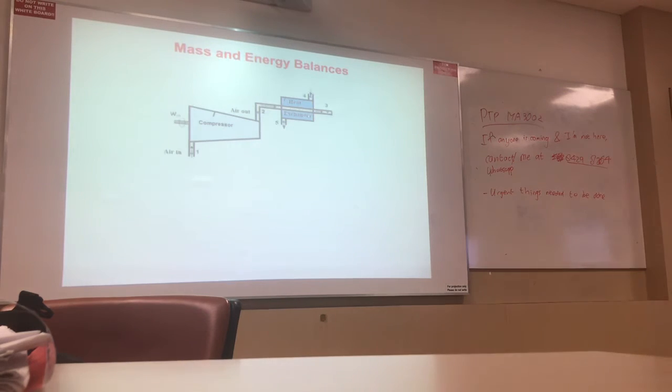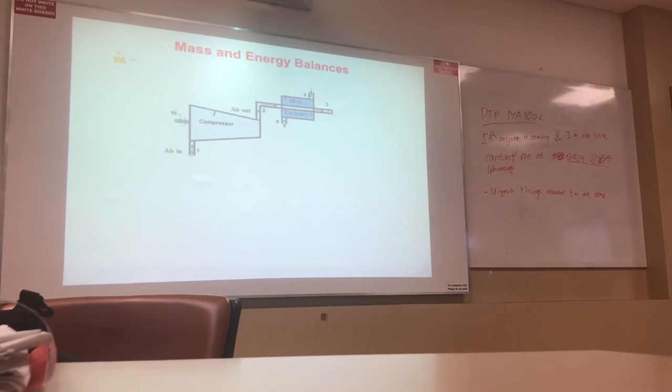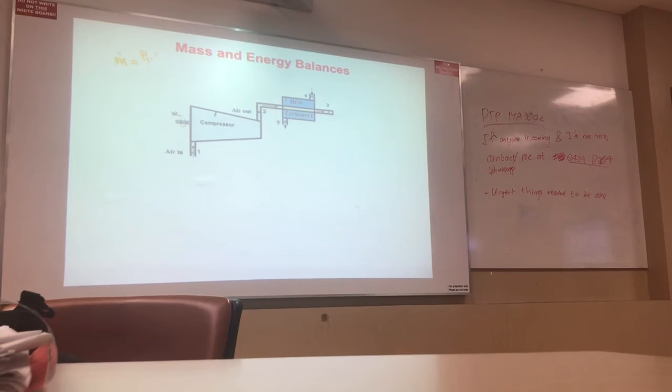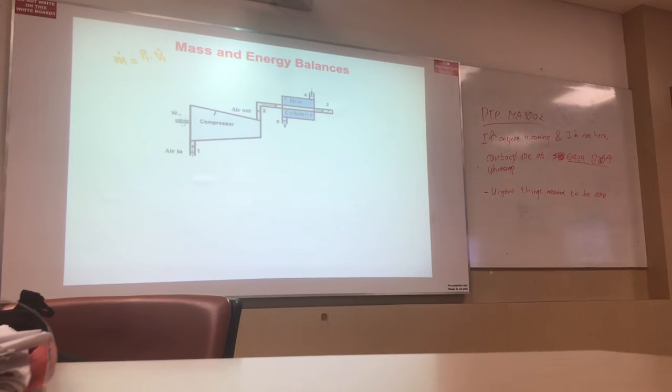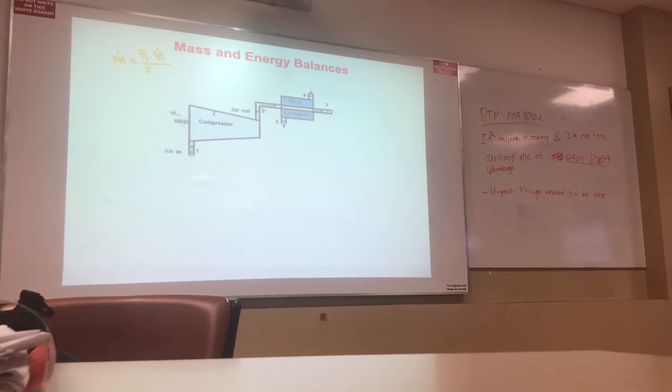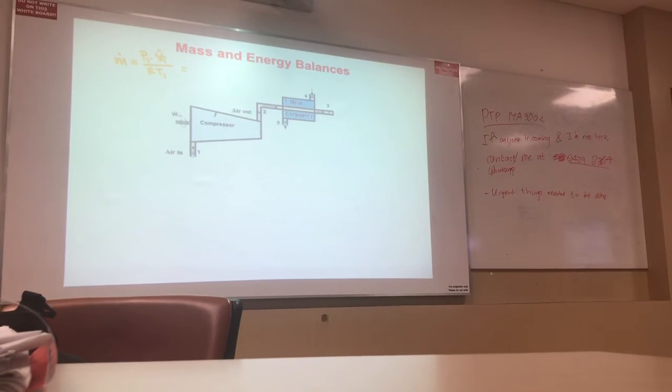Now I am going to show you. Okay, first I show you the mass flow rate. Otherwise, we cannot memorize. m dot 1 is P1 times the volumetric flow rate at 1, divided by R T1. What is P1? 96. V dot 1, 26.91. What is R? 0.287 kilojoule per kilogram Kelvin, and T1 is 300 Kelvin, 27 plus 273.